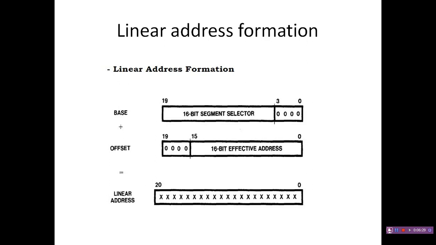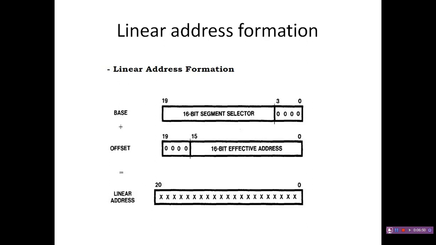Also, V86 task generates 32-bit linear address while an 8086 program can only utilize the low order 21 bits of linear address. The linear address can be mapped with the help of page tables to any 32-bit physical address.